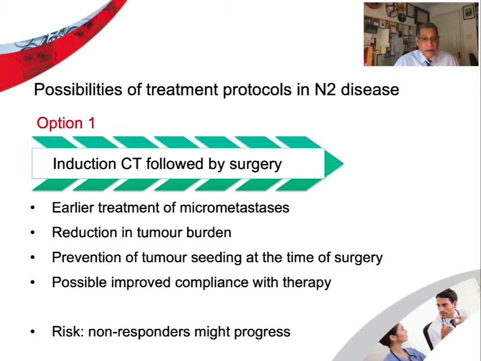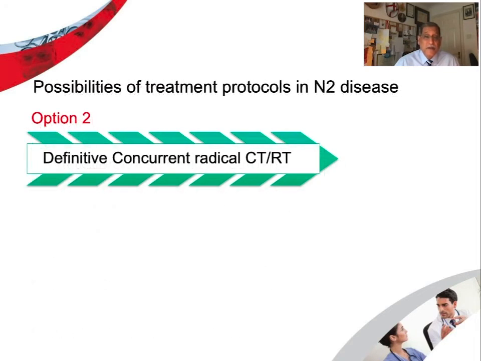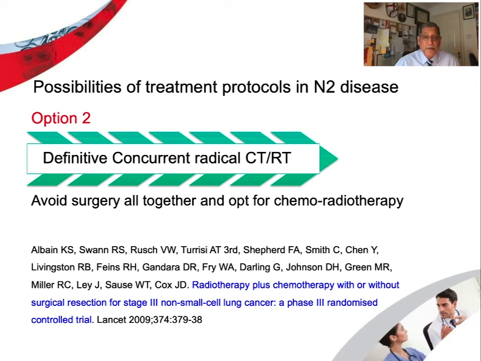Whereas if at the start of their illness they were told they have to do the chemotherapy first, they will feel obliged to do it and eventually get to surgery, and that improves their compliance. On the other hand, there is a risk that patients starting with chemotherapy might progress into an inoperable disease. This is very rare, but can occur, especially in non-responders.